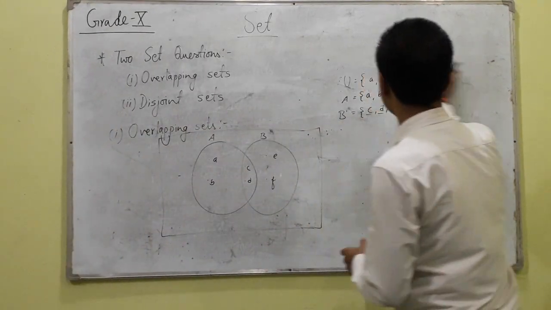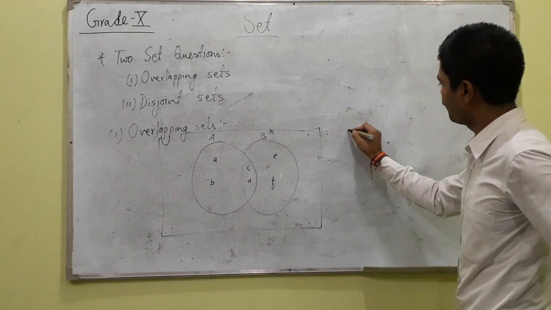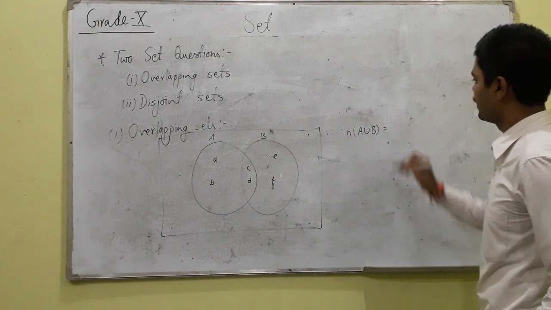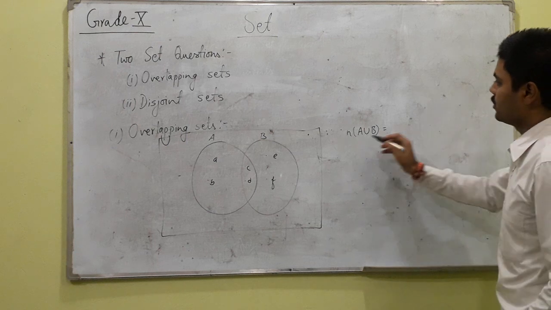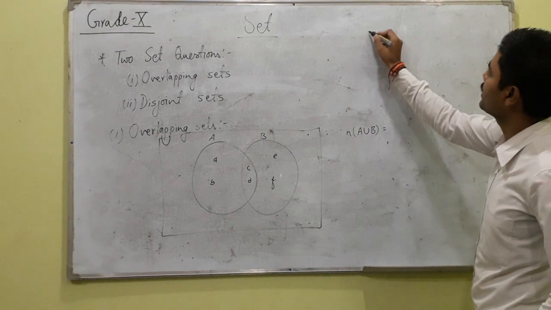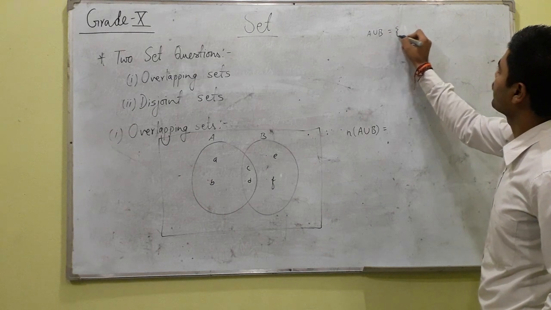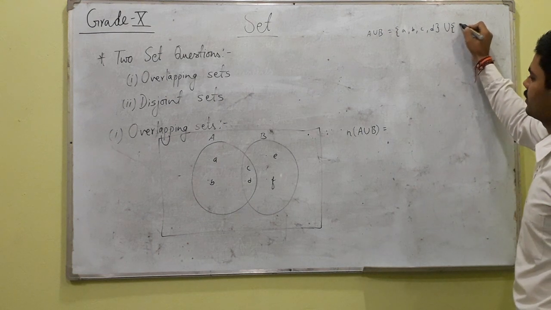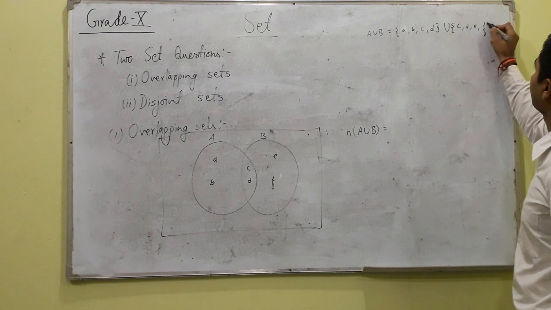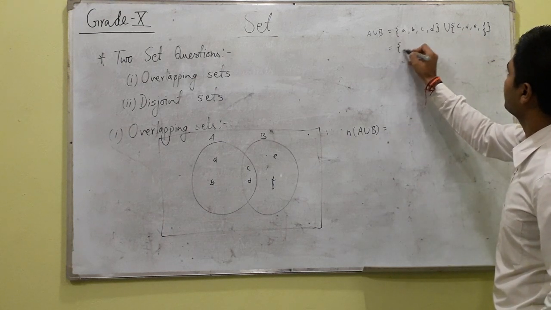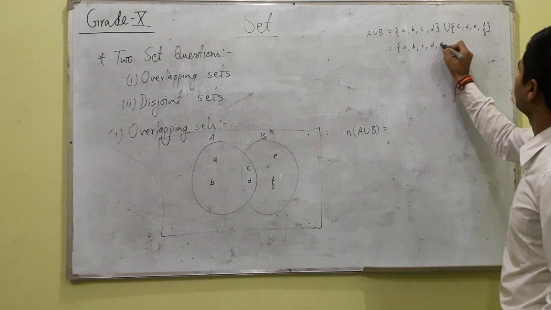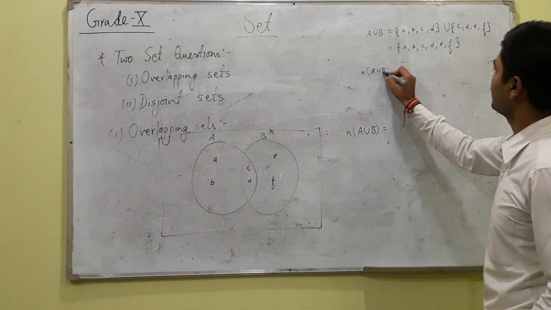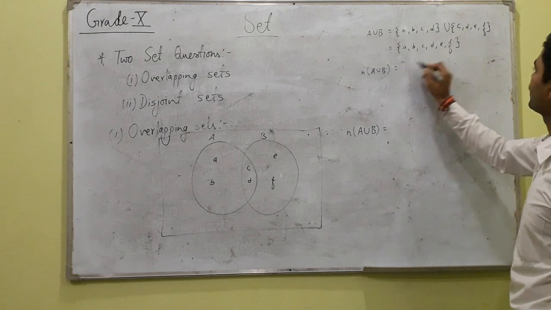Now the formula we have to use is the cardinality of A union B. You can find the cardinality of A union B by solving A union B. Like here, A, B, C, D union C, D, E, F. So A union B means A, B, C, D, E and F. So the cardinality of A union B is 1, 2, 3, 4, 5, 6.